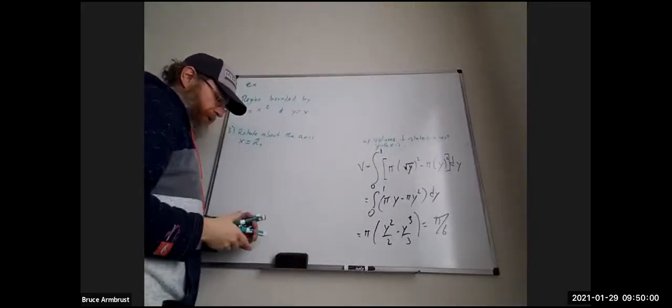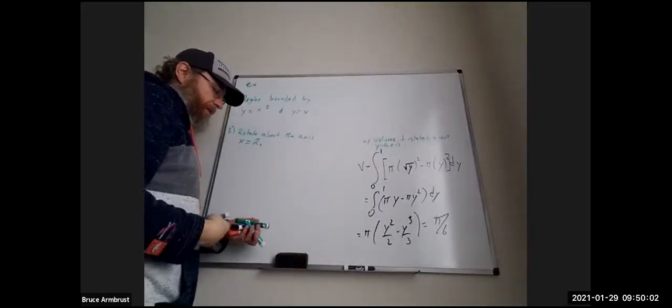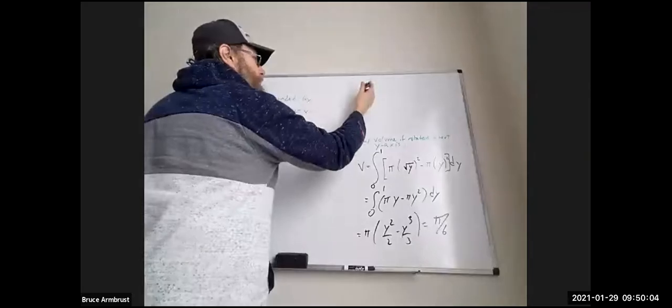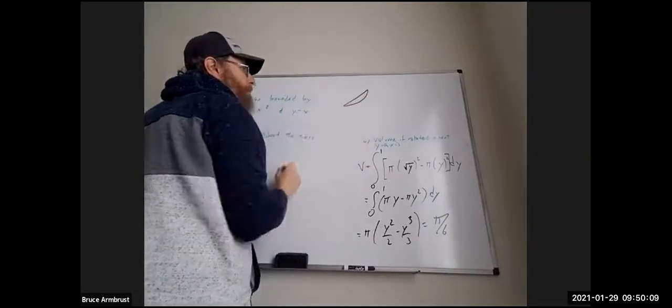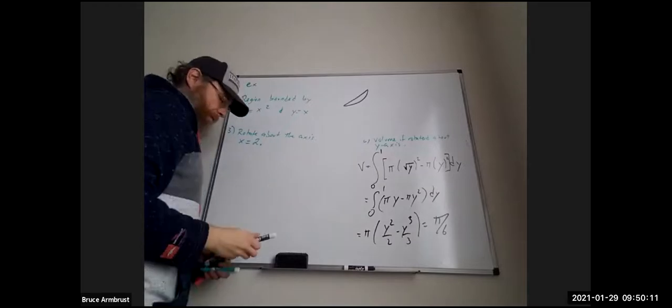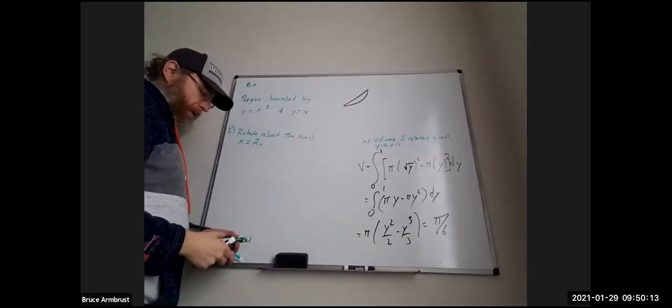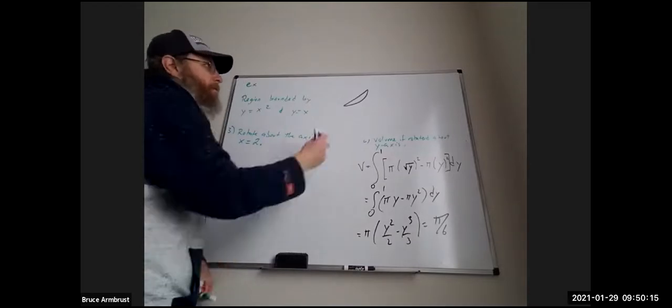All right, let's redraw the picture. It was just kind of getting cluttered there. But our region, again, was between the line and the parabola. But this time, we're going to rotate it about x equals 2.